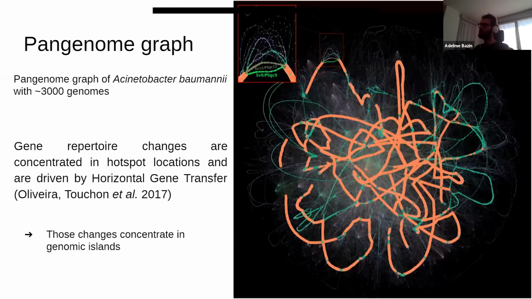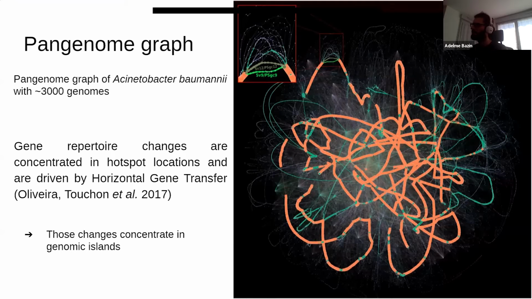And so here is a representation of an actual pangenome graph. This one was built from 3,000 genomes of Acinetobacter baumannii. What I can illustrate with this representation is that gene repertoire changes are concentrated in some hotspot locations and usually driven by horizontal gene transfer.